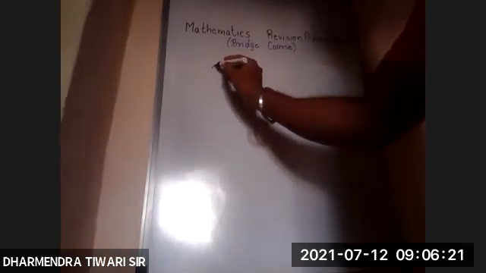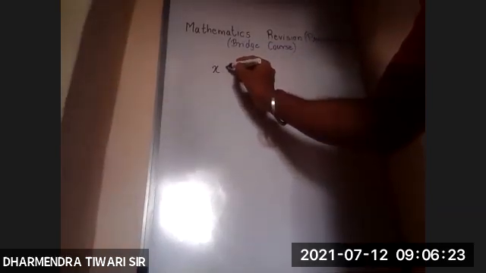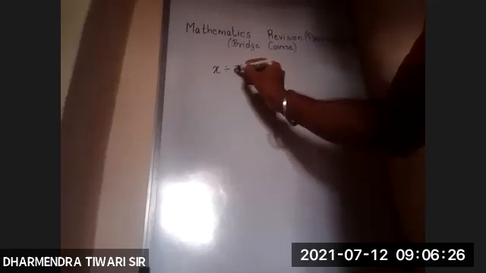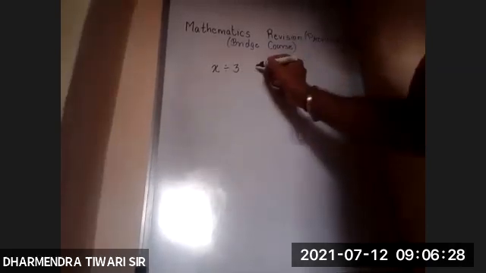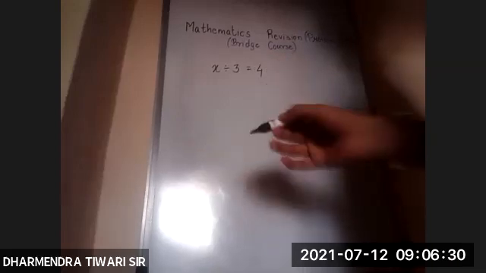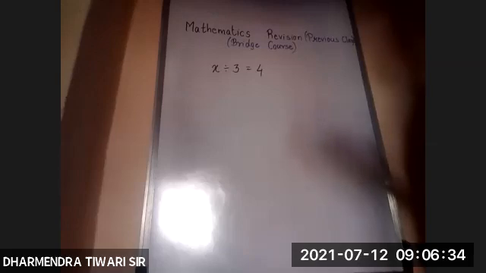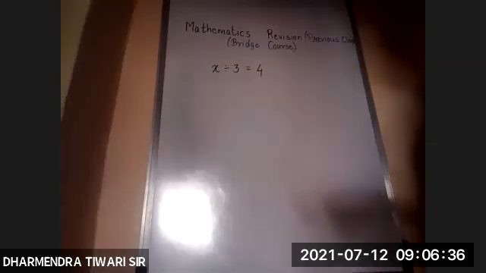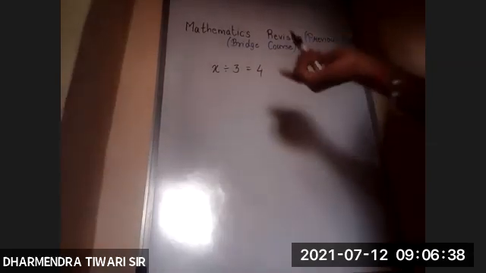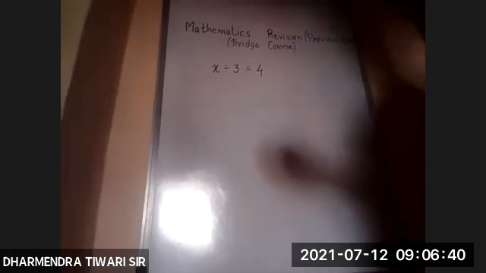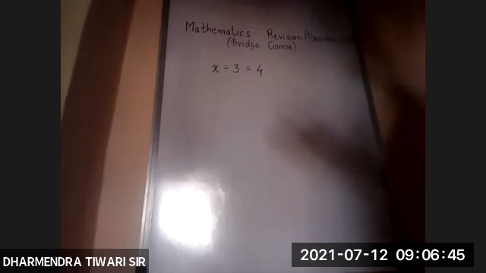Say x divided by 3 is equal to 4. Now you can see that we have division. The rule is that whenever we have a number in the form of division on one side, when we take it to the other side, it takes the form of multiplication.